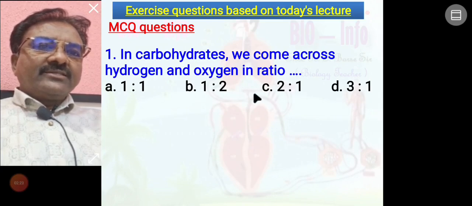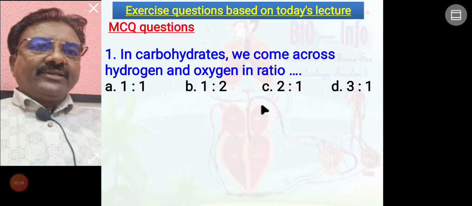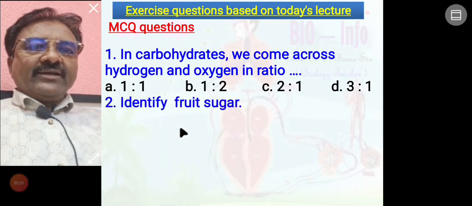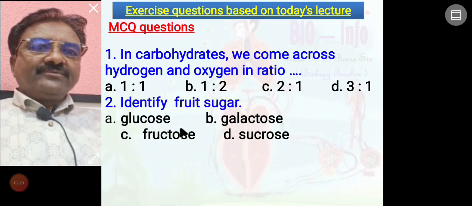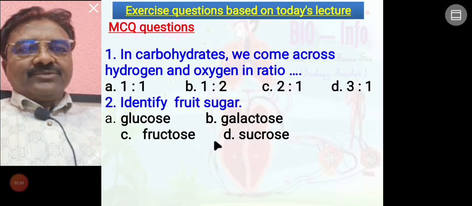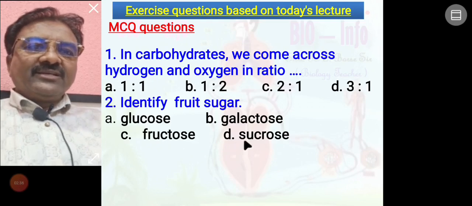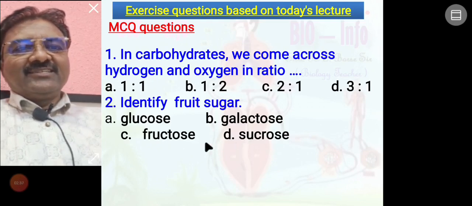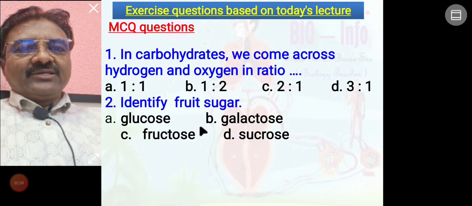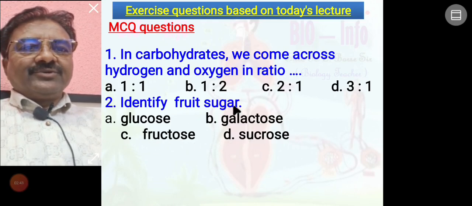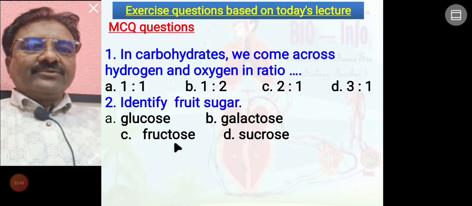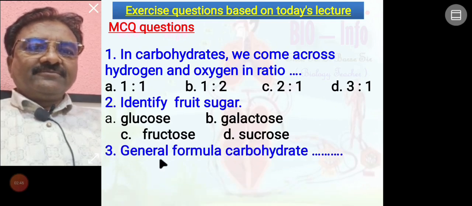Next, identify fruit sugar: glucose, galactose, fructose and sucrose. Yes, the correct answer is fructose, which is fruit sugar. So C, fructose, is correct.